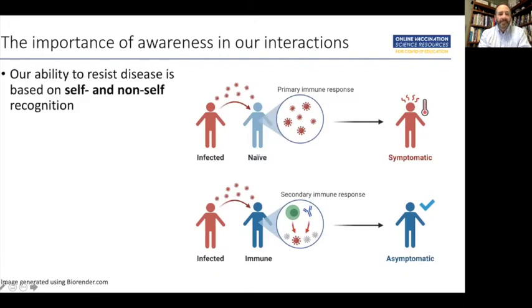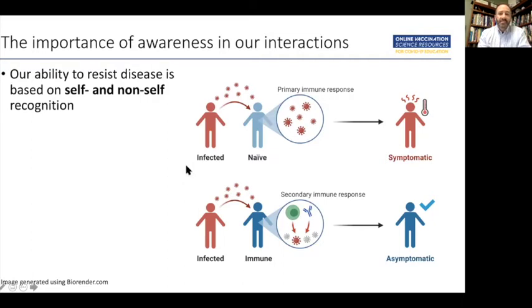In this diagram, the top part shows the interaction between a person who is infected with a pathogen, which we assume to be a virus by the way it's drawn, and someone who is naive, who has not yet mounted any type of immune response and has not yet encountered that pathogen.